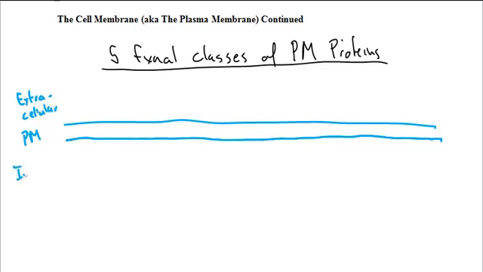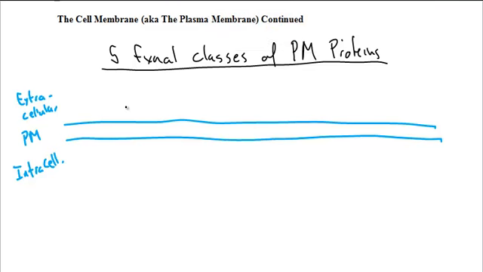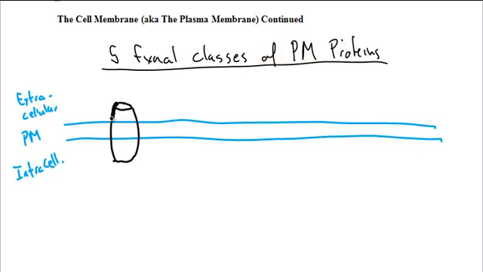Here, intracellular. Okay. First one typically looks almost like a barrel, with a center.